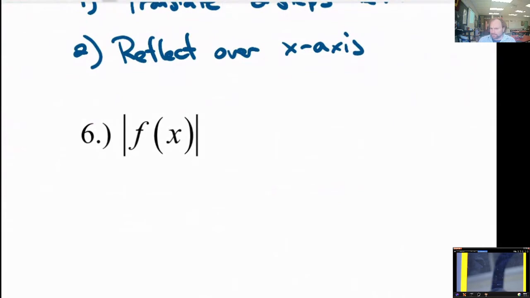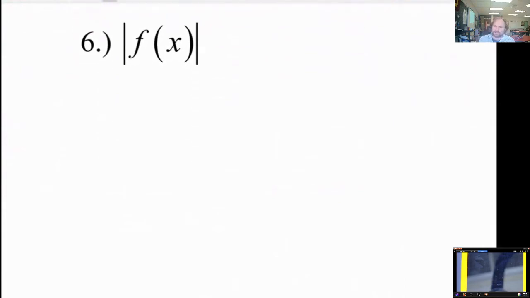Now we have an absolute value graph. And notice where the absolute value symbol is. It's at the end of the function. You run the function. You get a bunch of answers. You take those answers and run them through an absolute value. This does nothing to any of the positive answers, but any of the negative function values will flip up above the x-axis. So it's kind of like a reflection, but not quite.